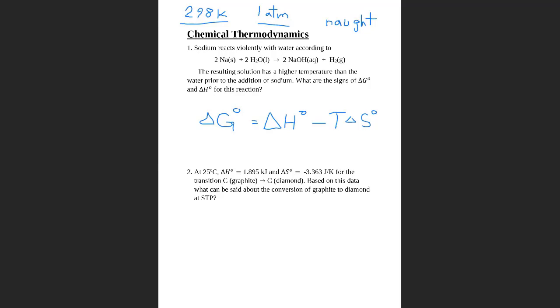We did specify that the Gibbs free energy is negative, correct? I hope I didn't. Yeah, but suppose we don't know that.